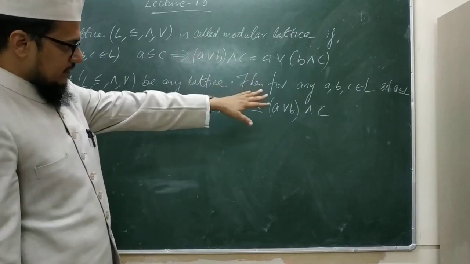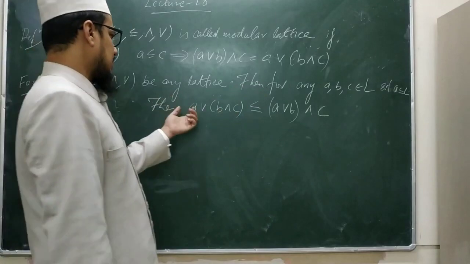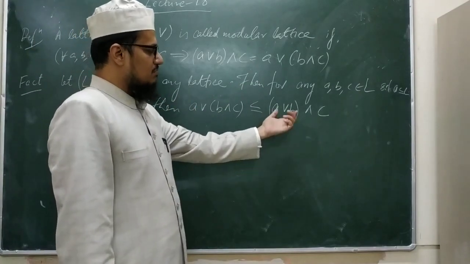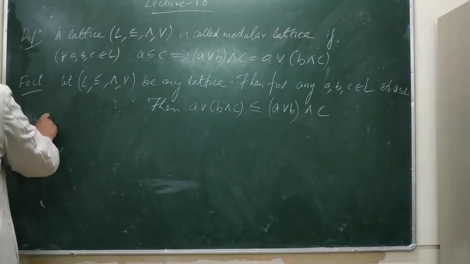Now if A is less than or equal to C, then A join (B meet C) is less than or equal to (A join B) meet C. We have to prove this fact. Proof.